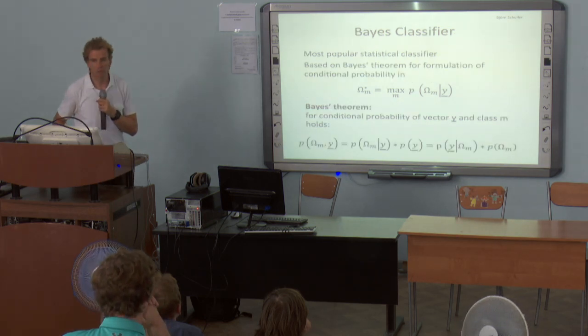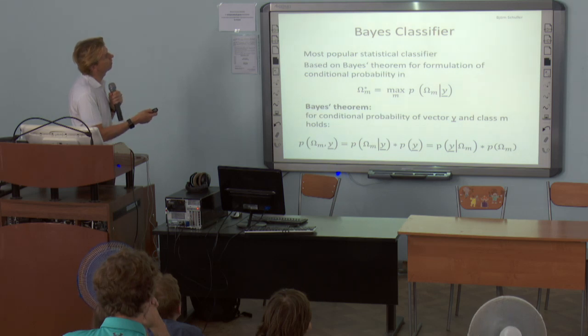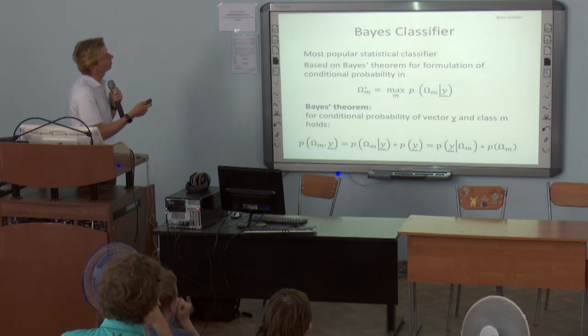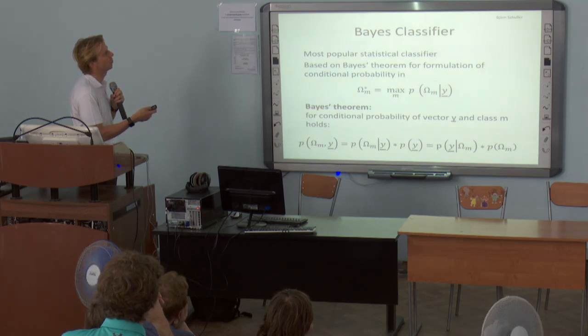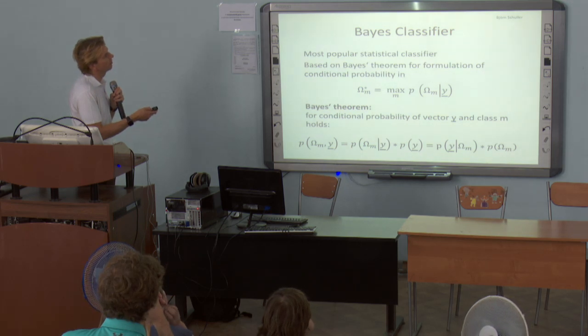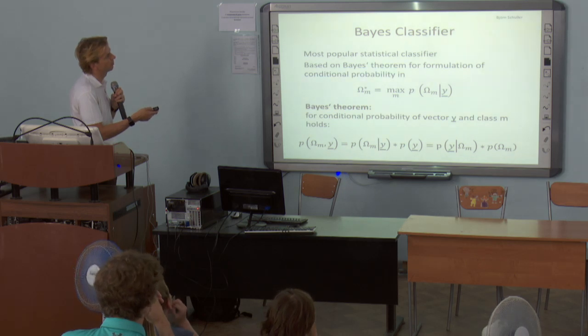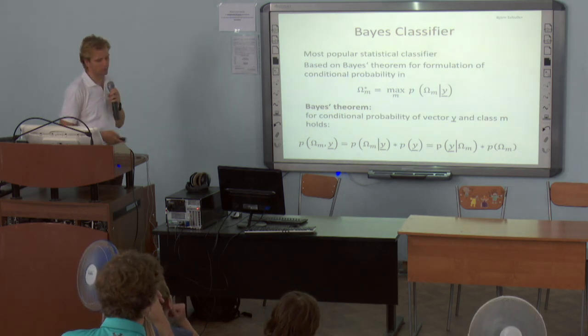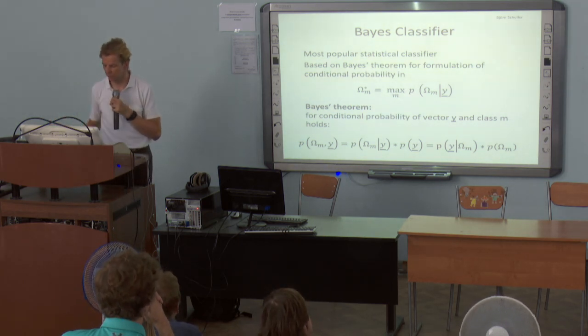What we use therefore is Bayes' theorem, and Bayes' theorem says that the joint probability of the class and the observation adheres to this. So the class given the observation times the prior probability, so a priori how likely is it that this class will be present, equals this much more easily computable probability, the appearance of this observation given the class, times the prior probability of the class rather than of the feature vector.